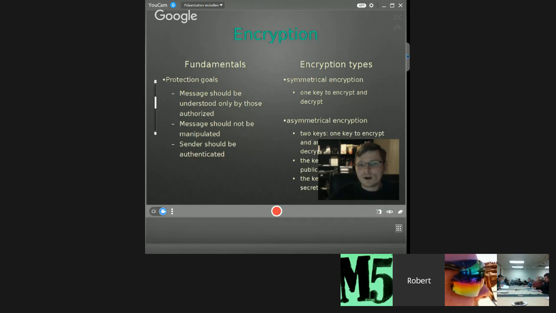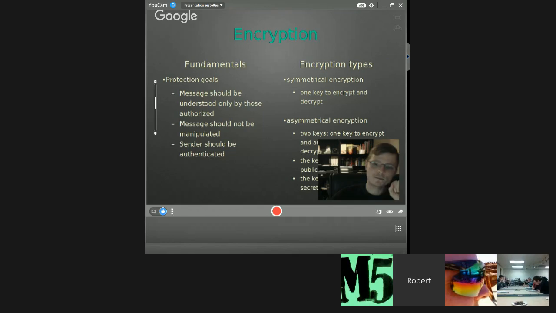So why do we have both technologies? When asymmetrical encryption gives us the possibility to let other people encrypt a message without having a common secret with me, why should we still use symmetrical encryption? Symmetrical encryption has the advantage of performance.